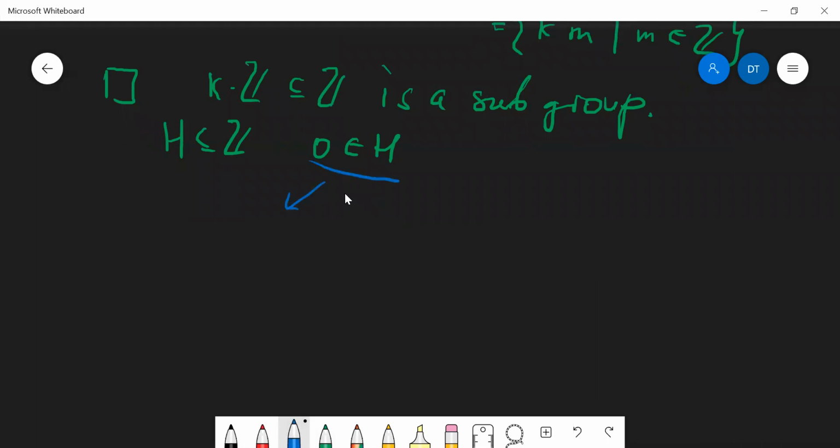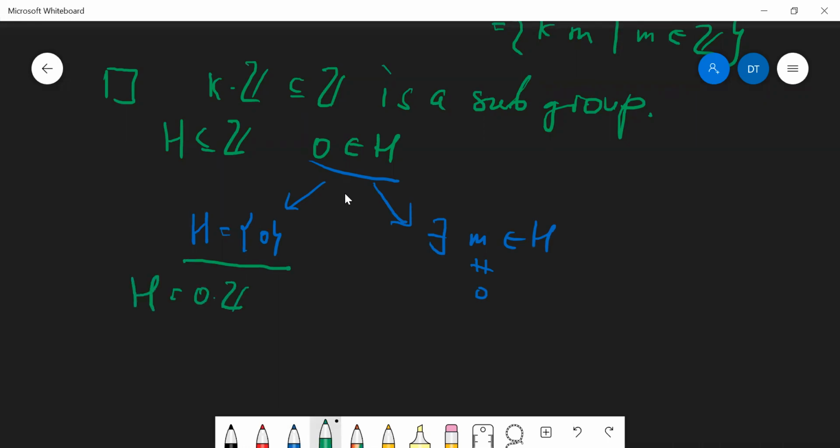So we have two options. Either 0 is the only element, so H consists of 0 only, and in this case H is 0 times Z. Or the second option: there exists an element M in H which is not 0.